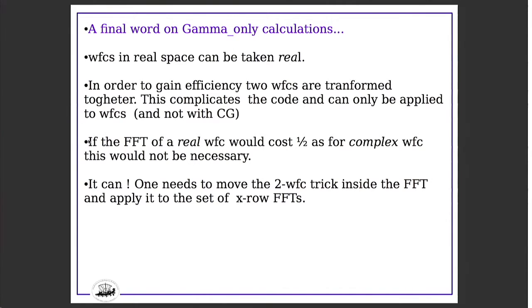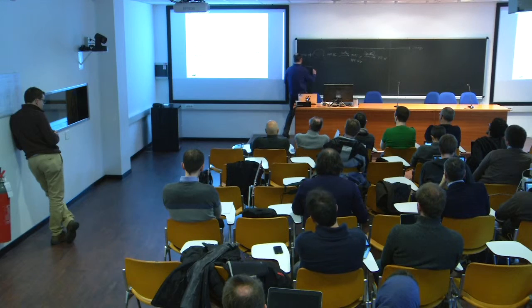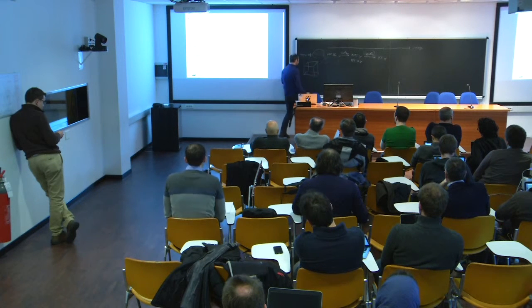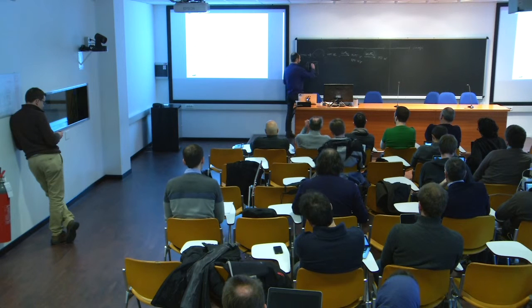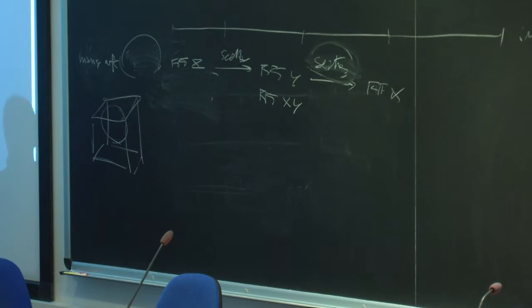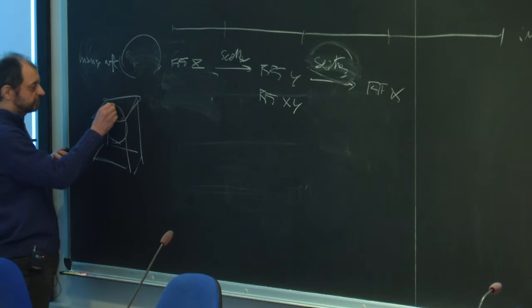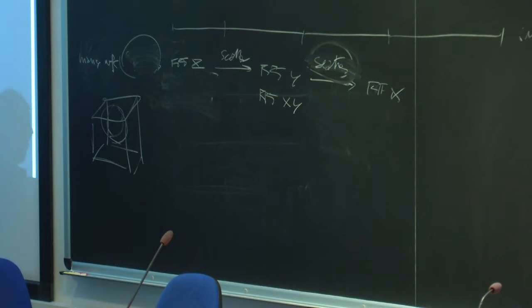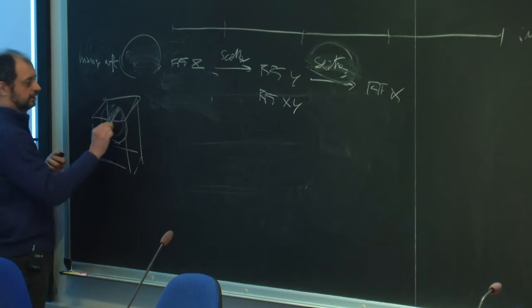And we can, because what we have to do is, we have the sphere in the G space, and we only have the positive G, which means only half of the sphere actually.